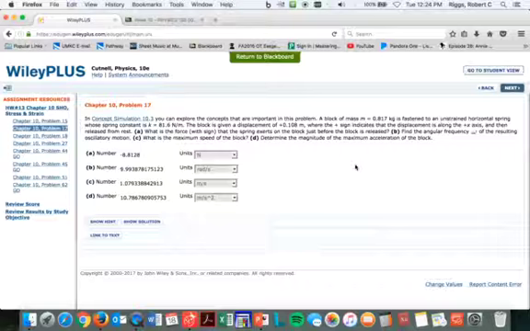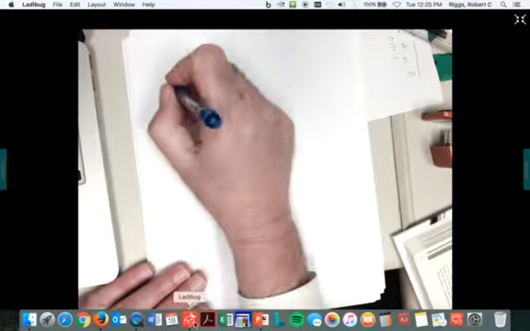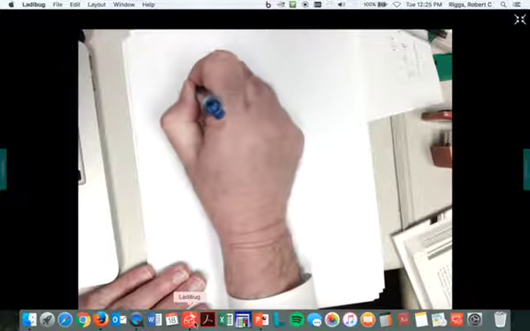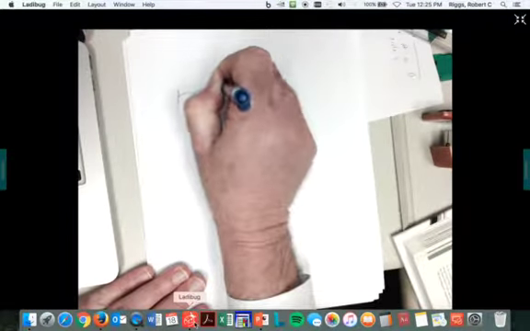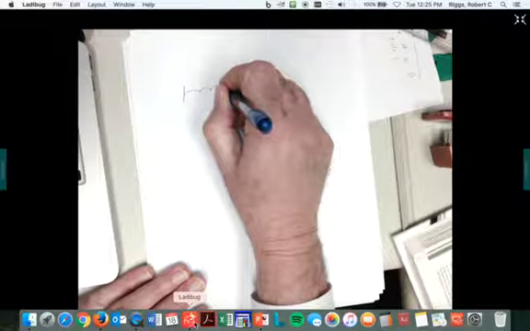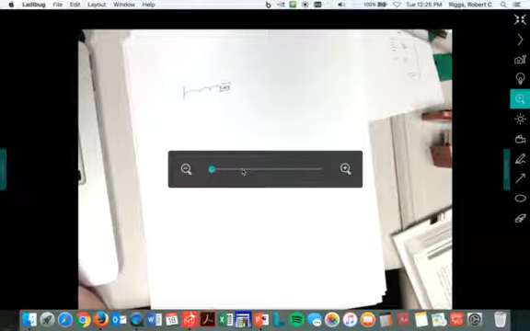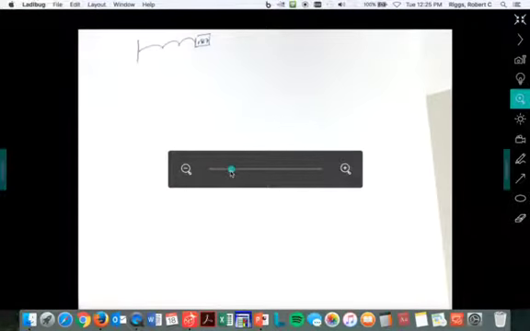All right, so here we go. Let's start. First of all, here's our block, 0.817 kilograms. It's attached to that spring. I drew that kind of small, so let's make it a little bigger. There we go.